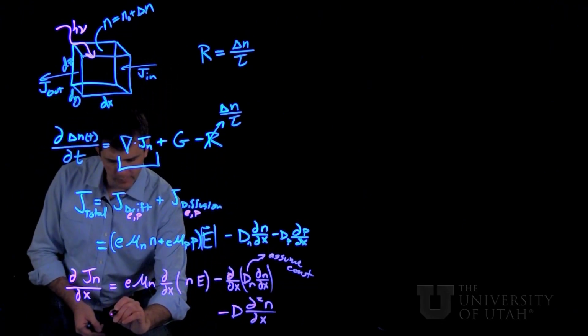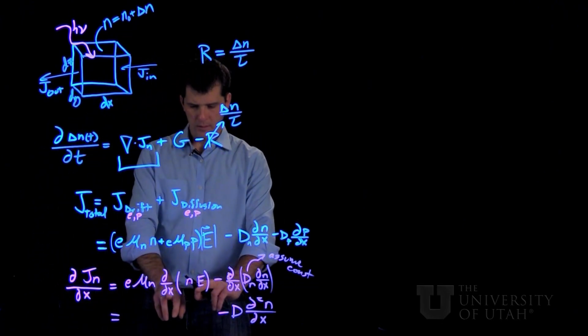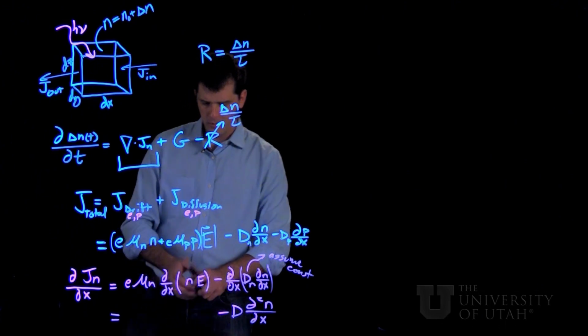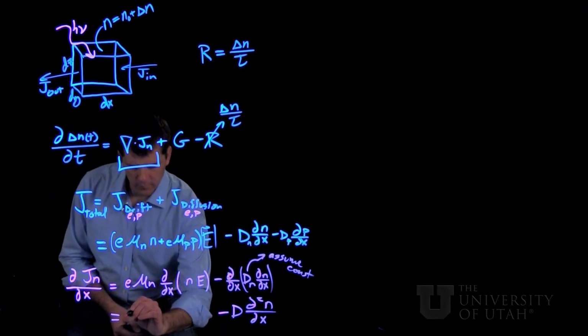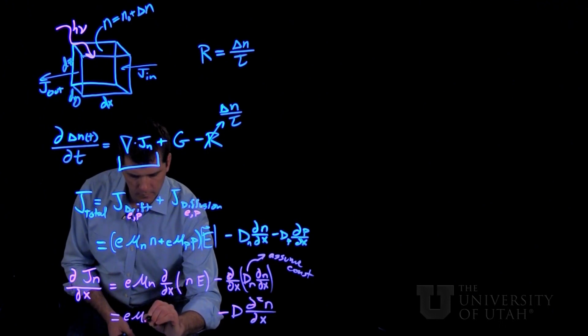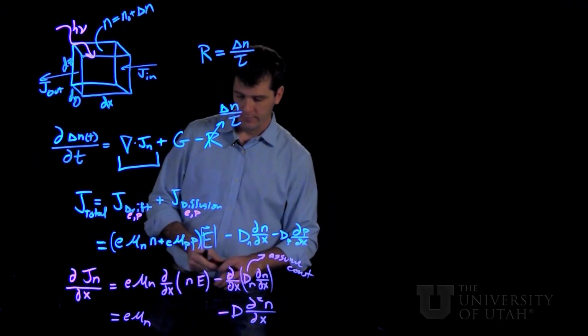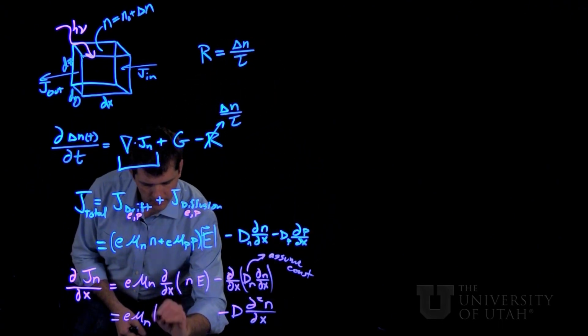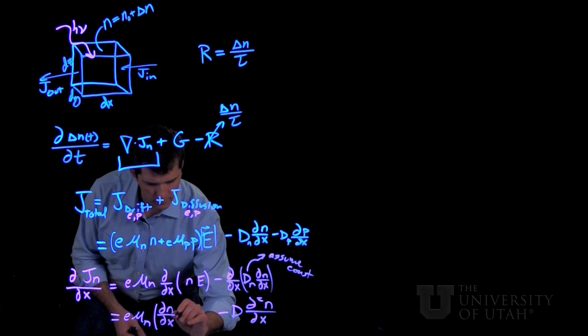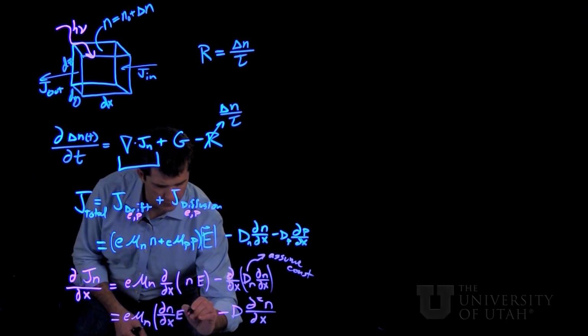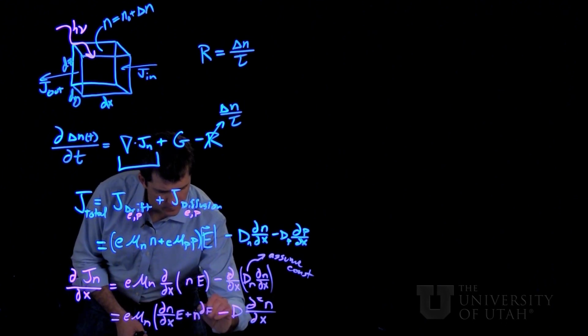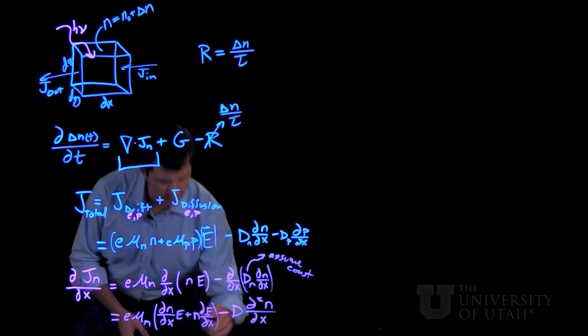But this one, it turns out we have to keep the dependence here, because you get a funny behavior where you'll see if there's any gradient in the E field, as there is inside of a p-n junction, for example, you'll have the normal derivative that we expect. So dn dx times E, this we expect, but there's another term that arises, which is n dE dx, that we can't forget about.